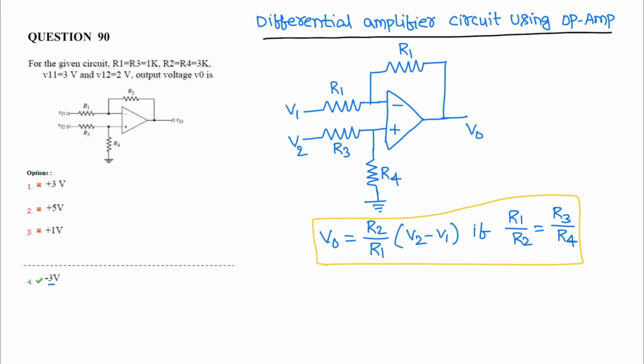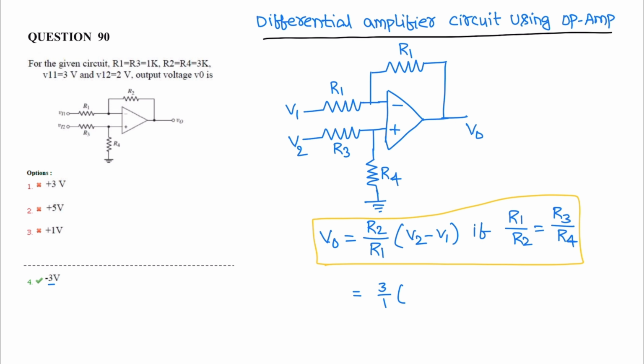Here R1 by R2 is 1 by 3, which is equal to R3 by R4, 1 by 3. The condition is satisfied, then output voltage V0 is equal to R2 by R1, so R2 is 3 kilo ohms, R1 is 1 kilo ohm, into V2 minus V1.